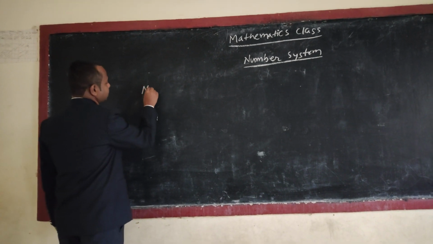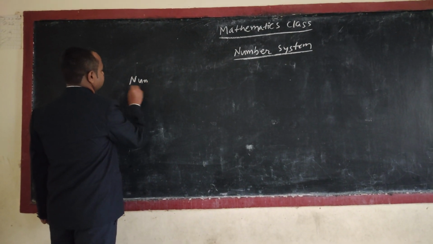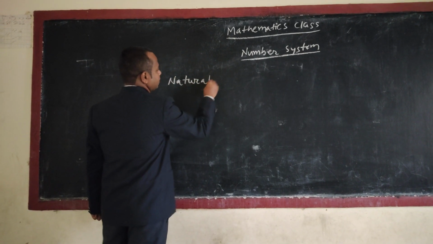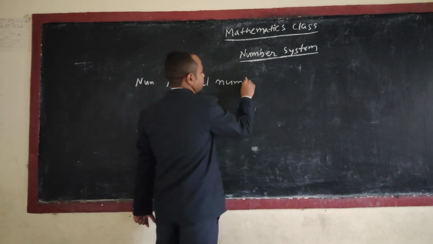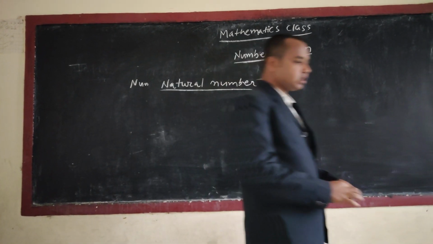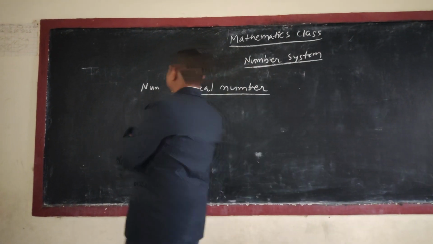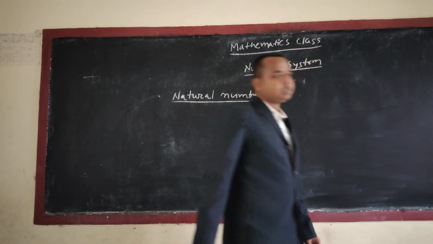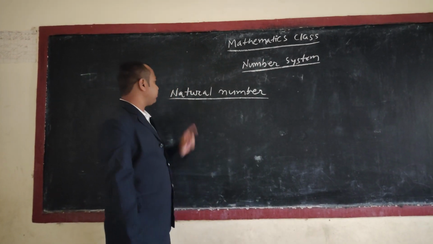The very first is natural number. Natural number. So there are different types of numbers, and among them, natural number is one of them.